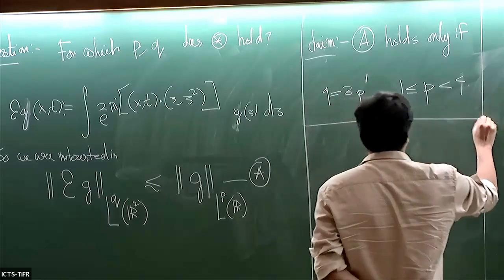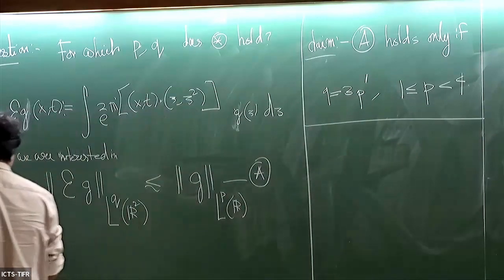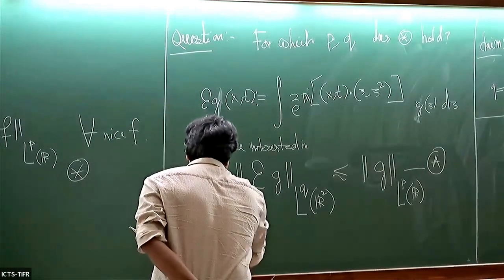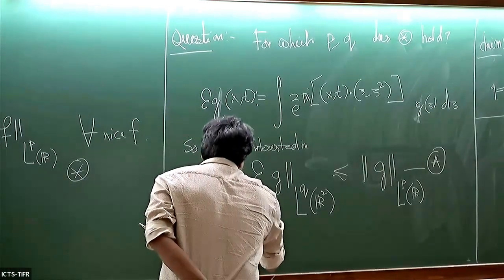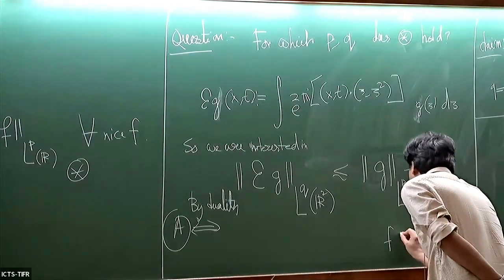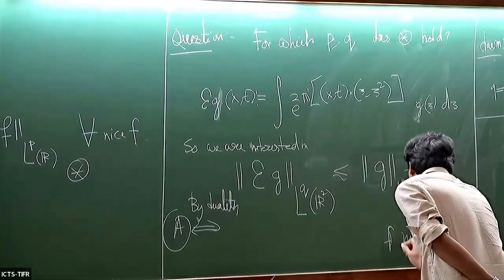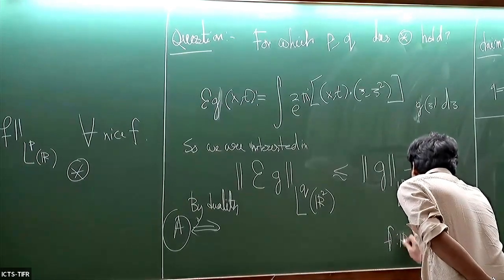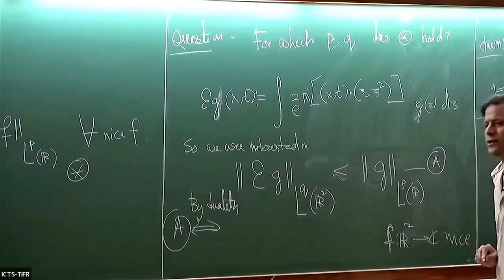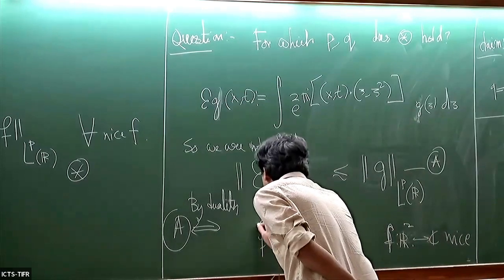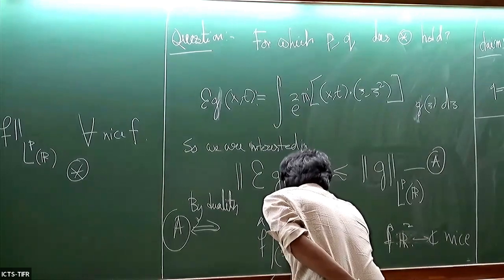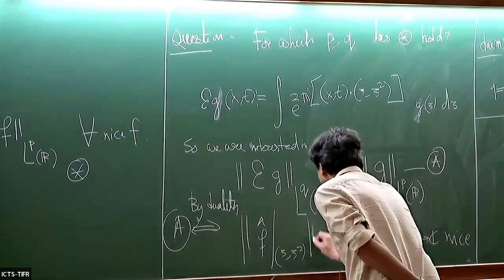Before that, by duality, A is equivalent to saying that if you have a compactly supported smooth function f, nice, of 2 variables, so f is a function from R2, then if we restrict the Fourier transform, which is a nice function, to the parabola, it's a function of 1 variable.